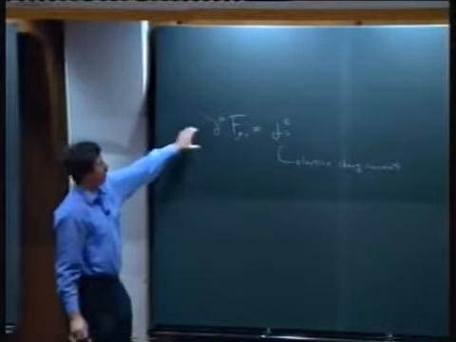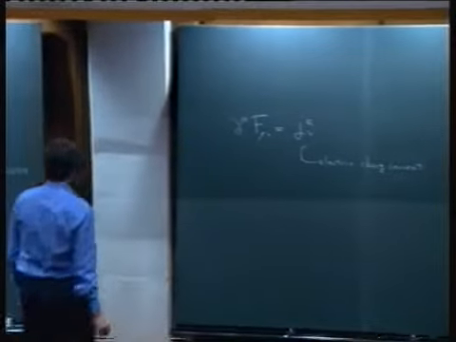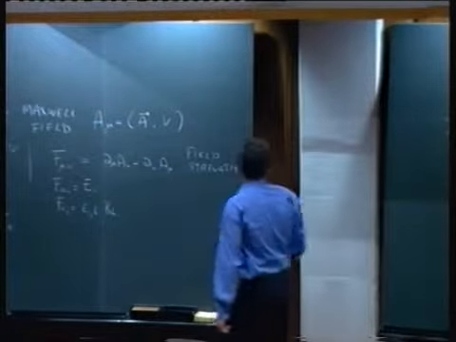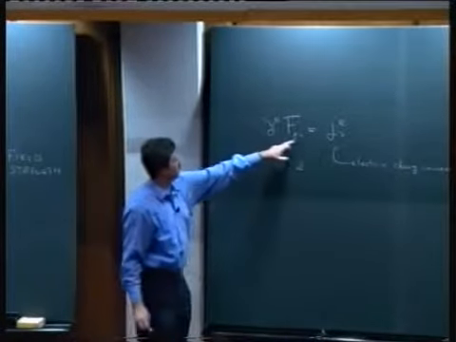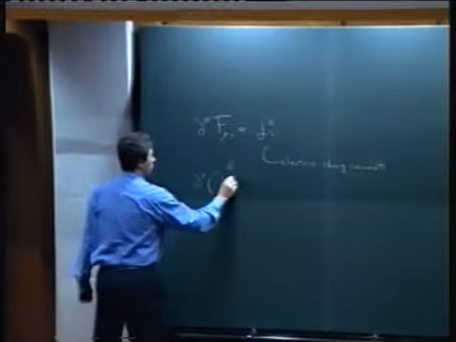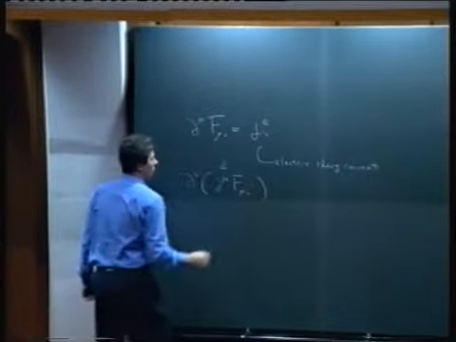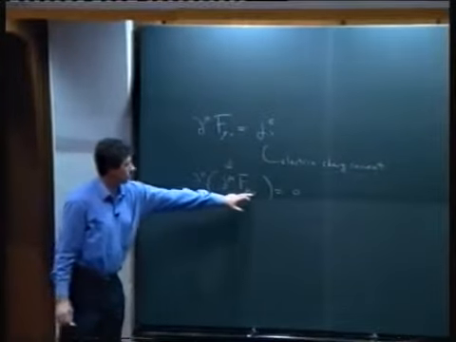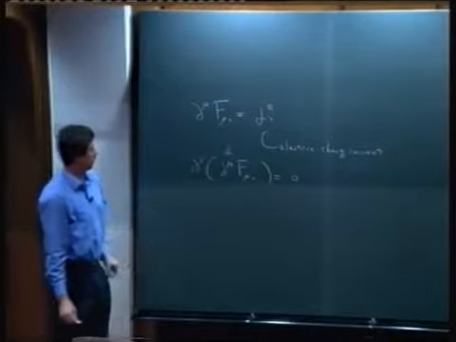And there's an important fact that you can read off from these Maxwell equations, namely F mu nu is a tensor, it's called, because it has two indices, and it's antisymmetric. So from here we derive directly that if I take another derivative, d nu of the left-hand side, that must be equal to 0, simply because there's an antisymmetrization in these two indices, and the derivatives can be exchanged.